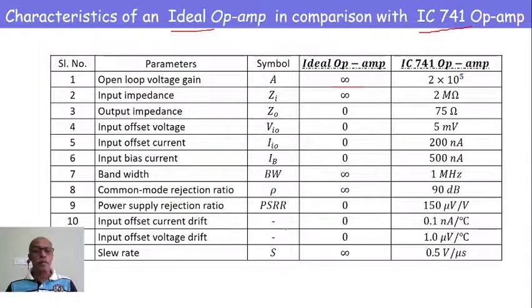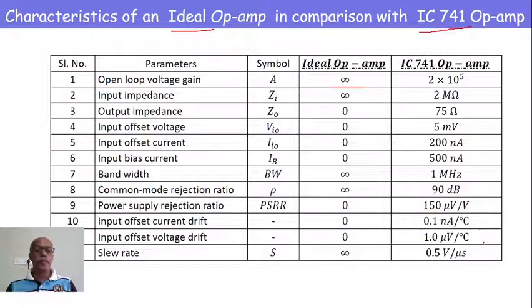The input offset current drift does not have any symbol, and it should be 0 for ideal and 0.1 nanoampere per degree Celsius for the 741 IC, whereas the input offset voltage drift is again 0 for the ideal one, whereas it is 1 microvolt per degree Celsius for the 741 op-amp.